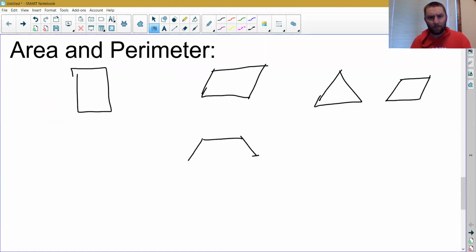So remember, specifically for all the ones that are not rectangles, a lot of them involved the height of the shape, and it's important to remember that the height of the shape had to hit the base at 90 degrees, right? In a triangle or in a rhombus or in a parallelogram or in a trapezoid, it has to hit those two bases that are parallel at 90 degrees in order to be the height that we use for the formulas.